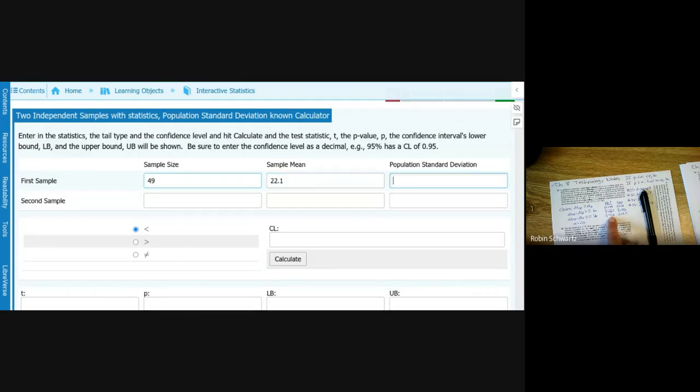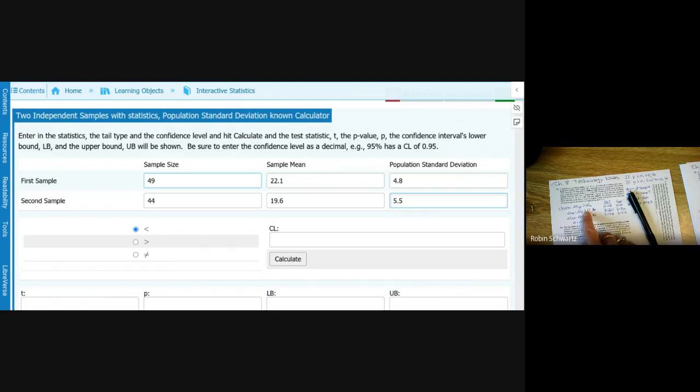Sample mean was 22.1. Standard deviation 4.8. Second sample 44. Mean was 19.6. 5.4 for the standard deviation.